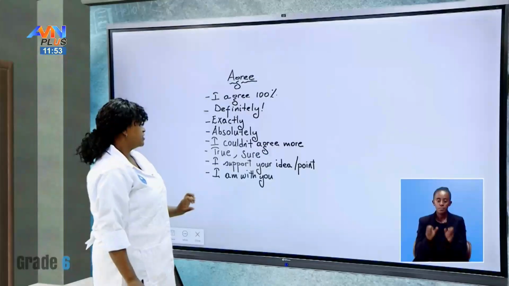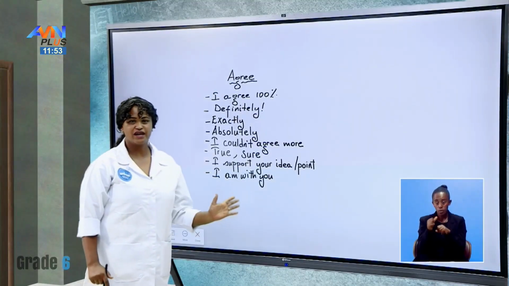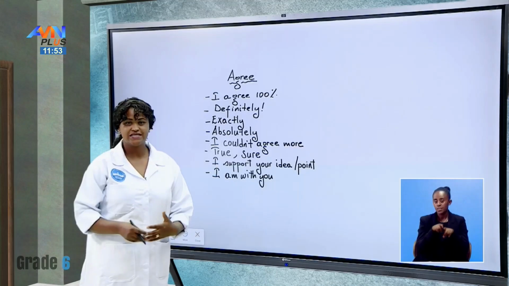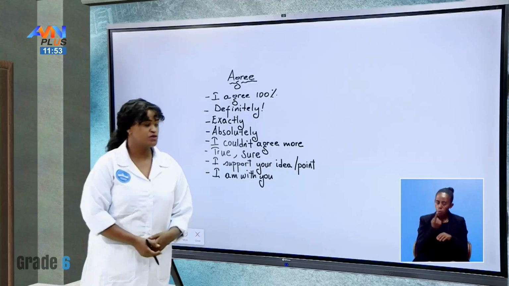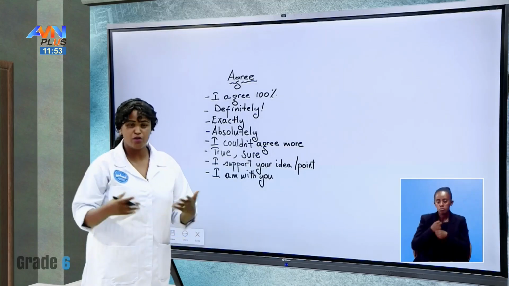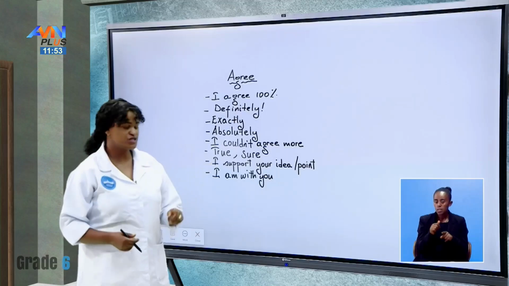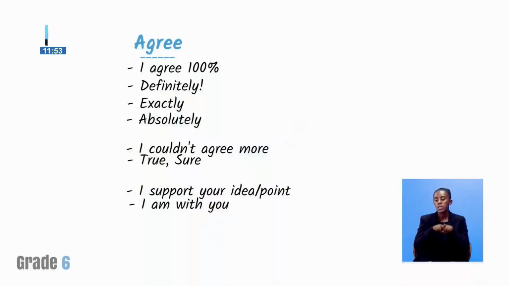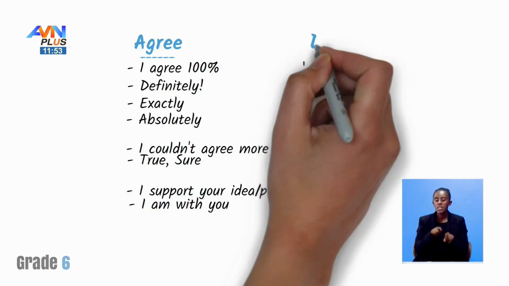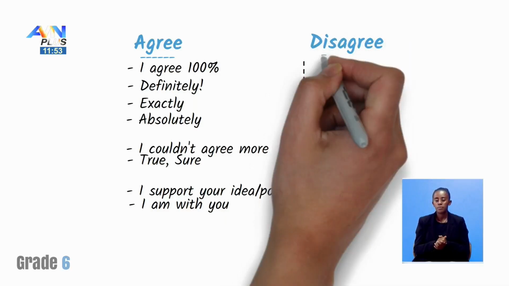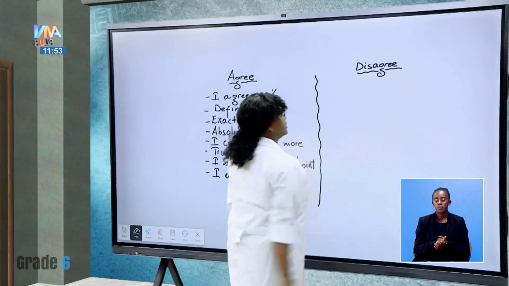Good. So, the other way that you face during communication is what? Disagreement. Yes? You don't always support people's point of view or opinion, yeah? So how do we disagree? We will see the common phrases that we use to disagree. All right. Disagree. Okay.